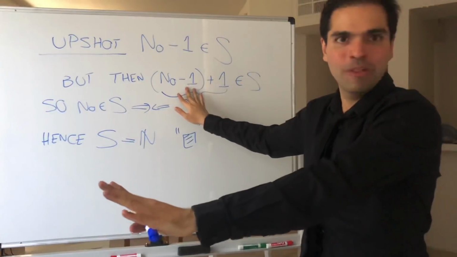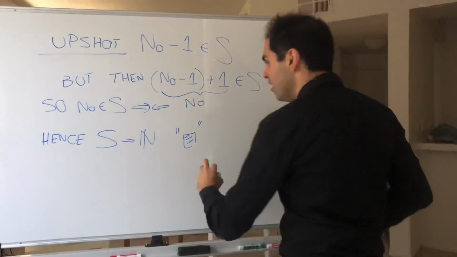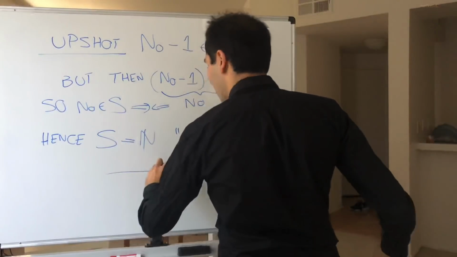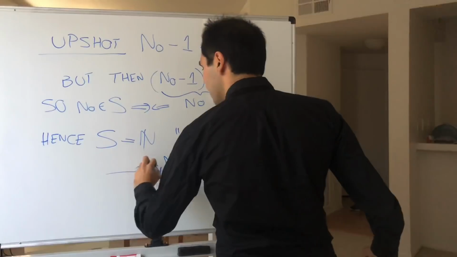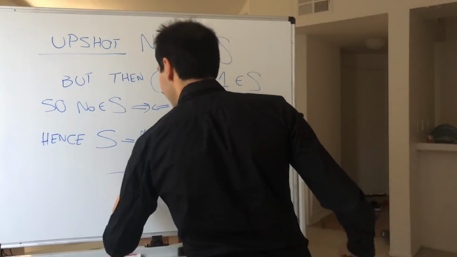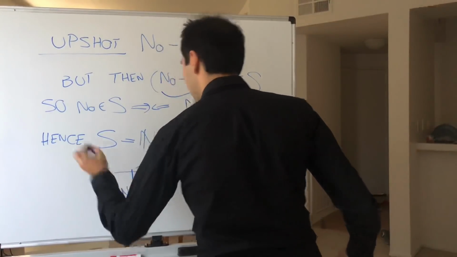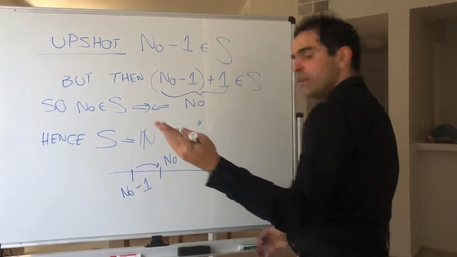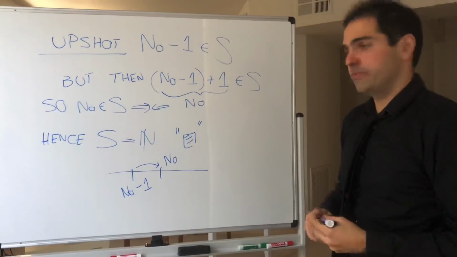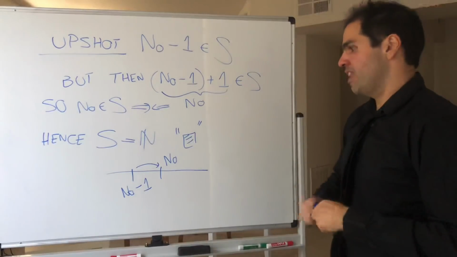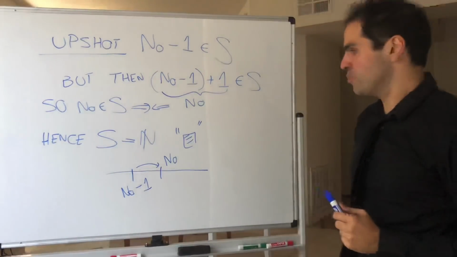That's not a problem. But how do we know that every number except for 1 has a predecessor? So how do we know that there's a number that precedes N naught minus 1? Remember, we haven't really defined numbers yet other than the axioms. And so, in fact, we don't know. We cannot always prove this.